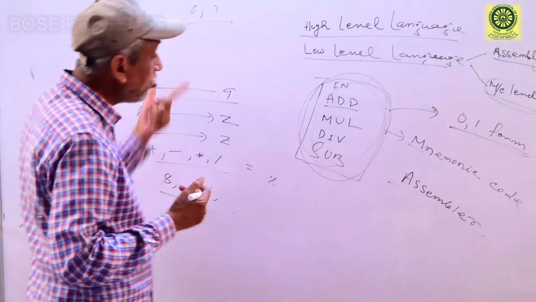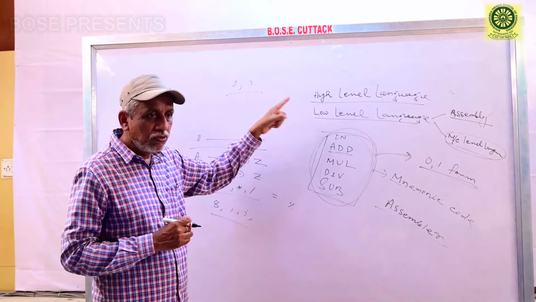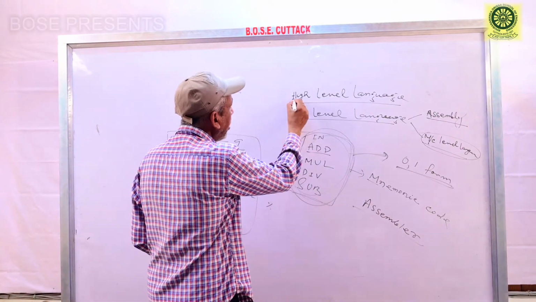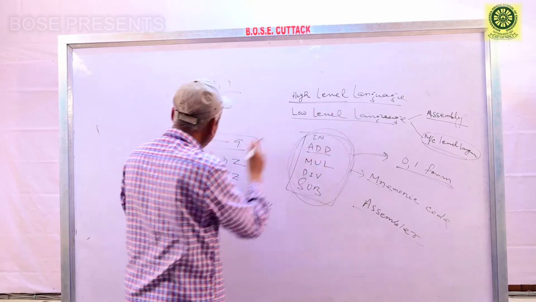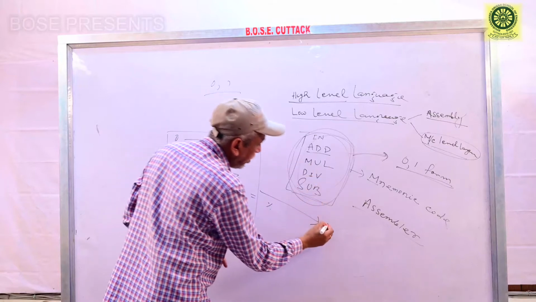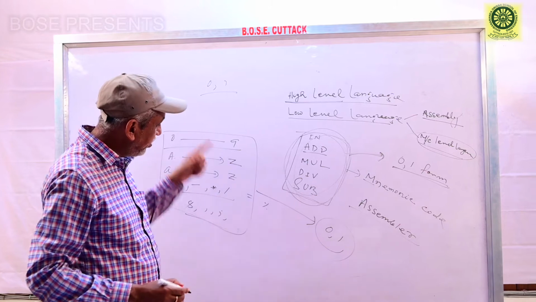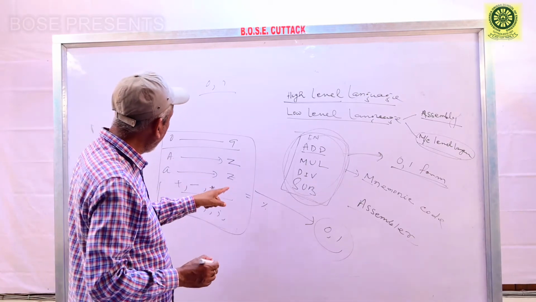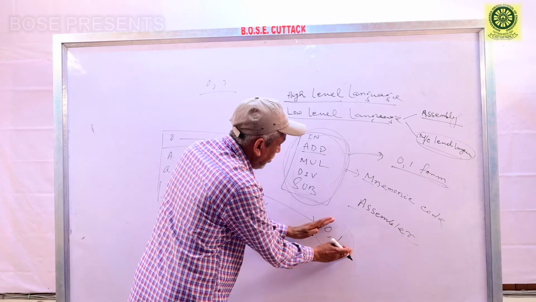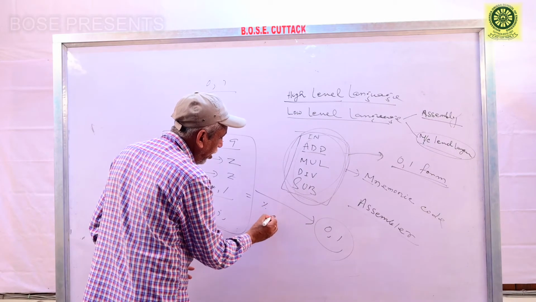How does the computer understand this language? In that case, a translator is used to convert what is written in high level language, using these symbols, into machine understandable language, that means 0 and 1 form. A software which converts high level language to machine understandable language is called a compiler.